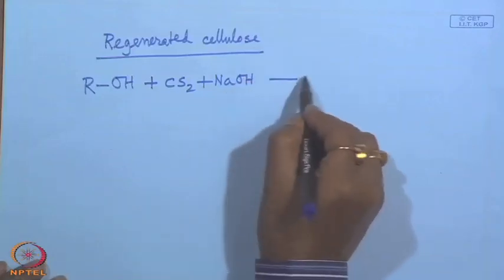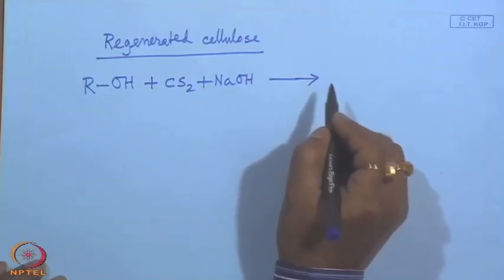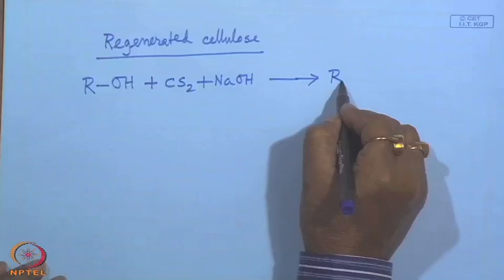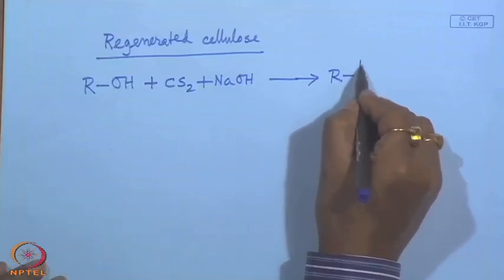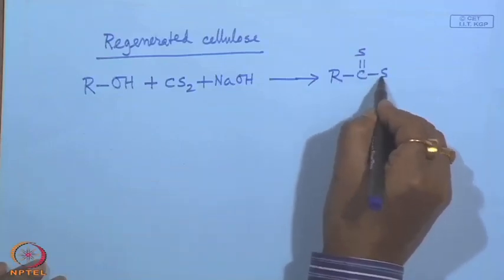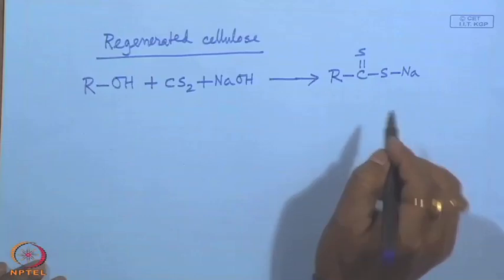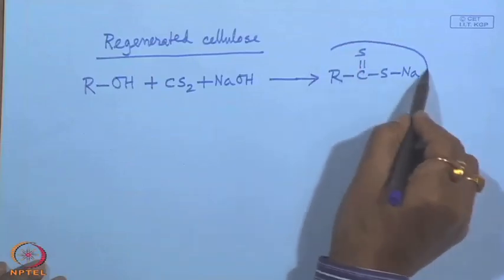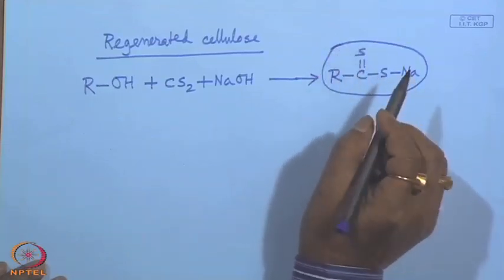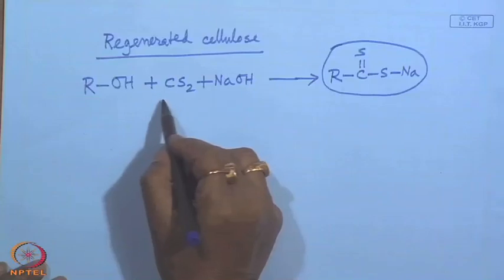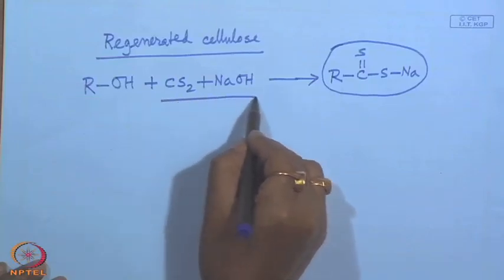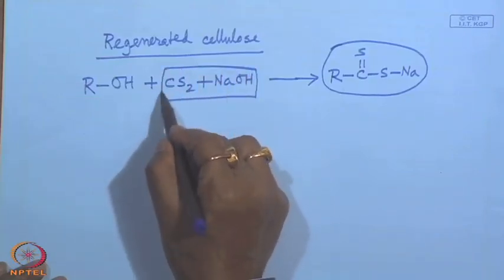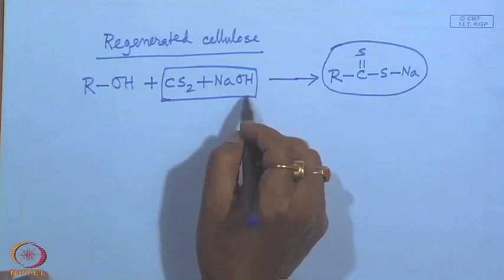It forms sodium cellulose xanthate. This is soluble. That means cellulose can be dissolved in an aqueous solution of carbon disulfide and sodium hydroxide.